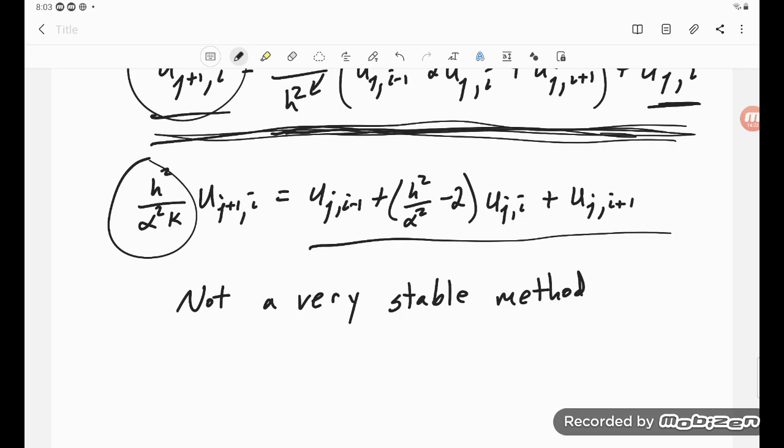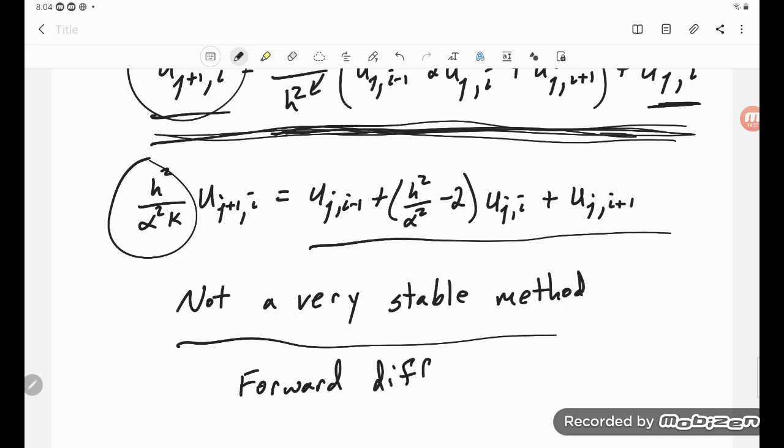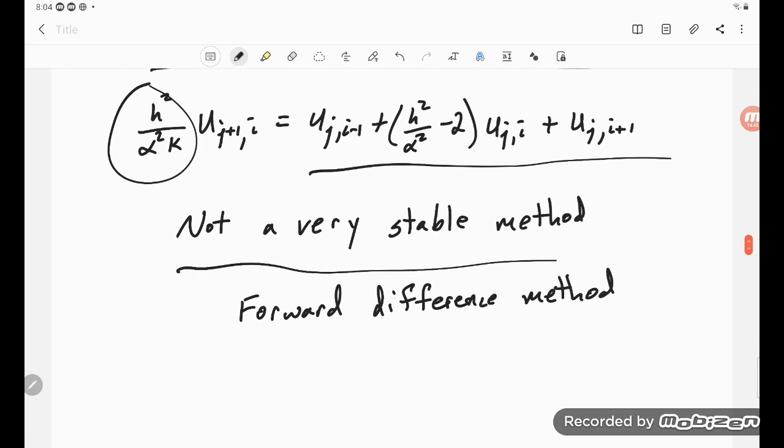And so this is just not the best method. But we call this the forward difference method. Again, conceptually and algebraically, this is a very easy method because I can solve explicitly for each term very quickly from each of these independent equations.